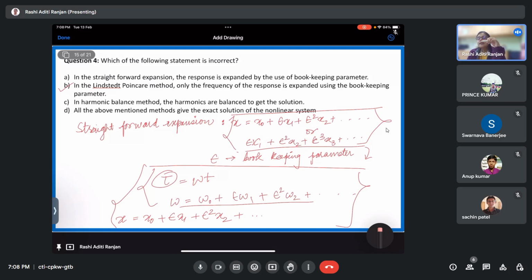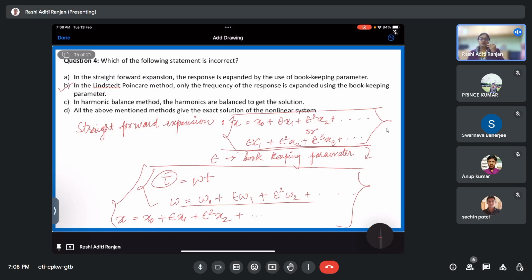By using all these methods, see in the first two methods, what do we do? We consider this kind of expanded form of x, where epsilon is a bookkeeping parameter and it is less than 1.